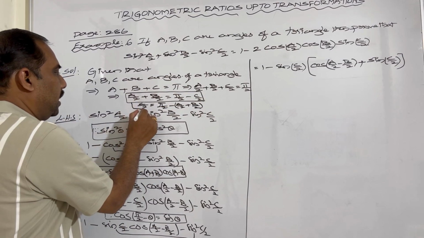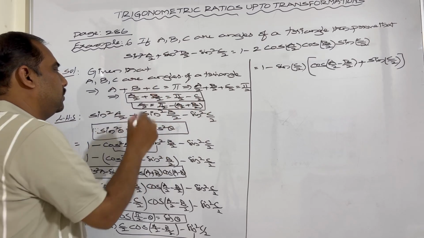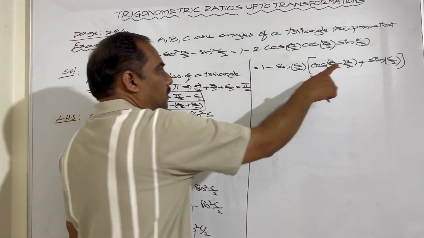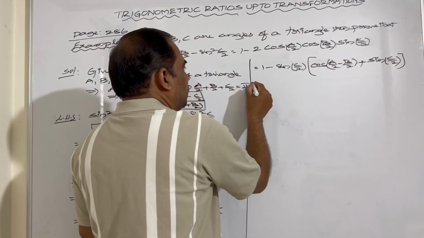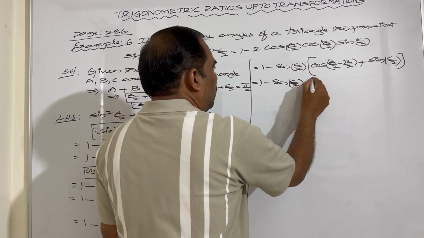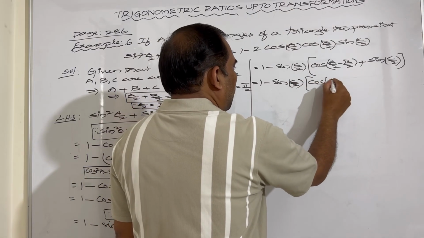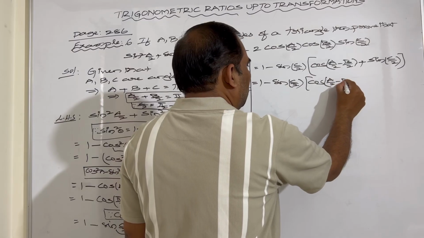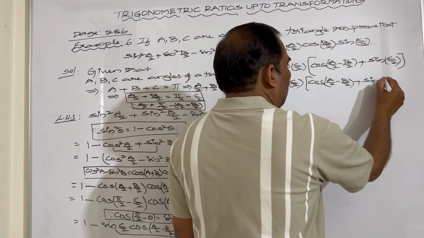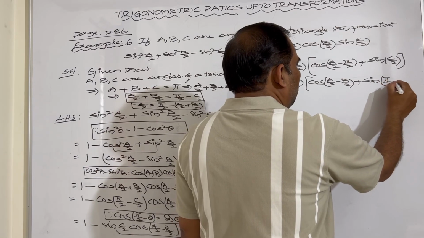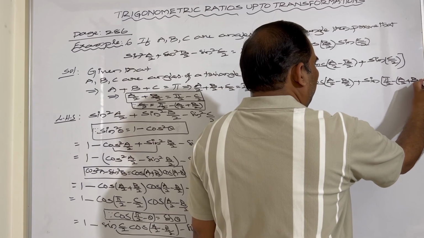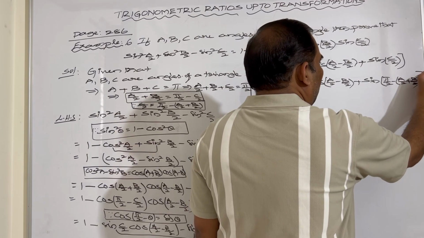So it becomes minus of A by 2 plus B by 2, which is also C by 2. So wherever sin of C by 2 is there inside the bracket, that is replaced by 90 minus of A by 2 plus B by 2.